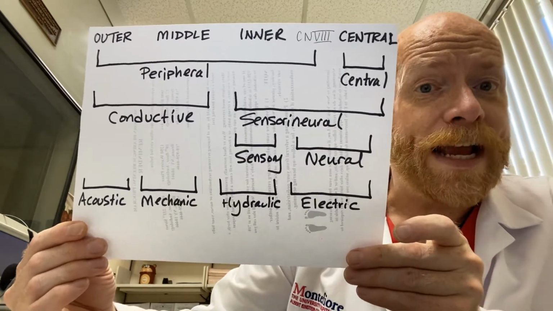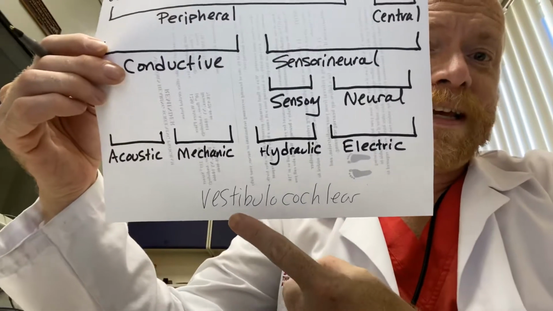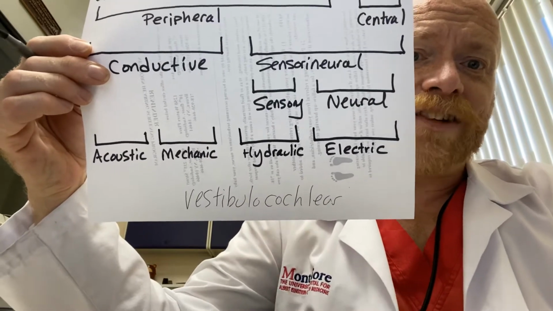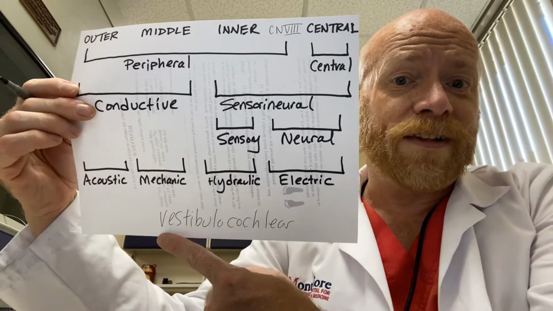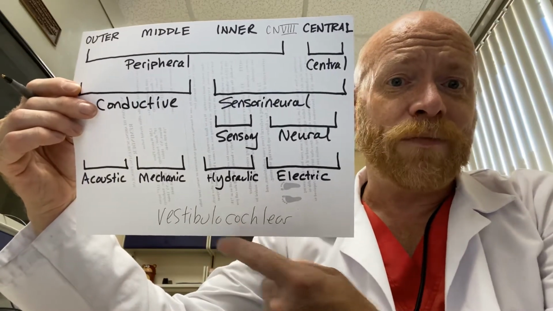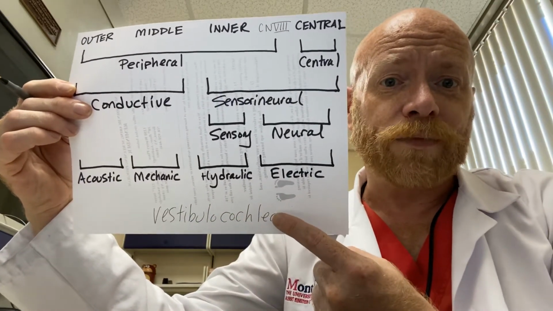Cranial nerve number 8 specifically is the vestibulocochlear nerve. Let me write that out. Vestibulocochlear. That means that it innervates the organs of balance, vestibulo, and hearing, cochlear.